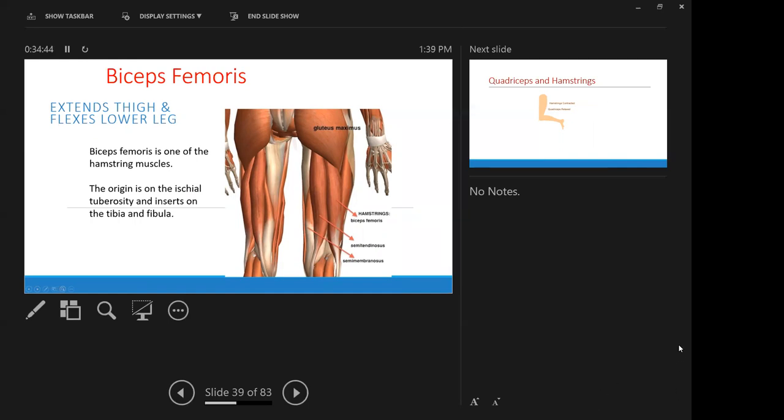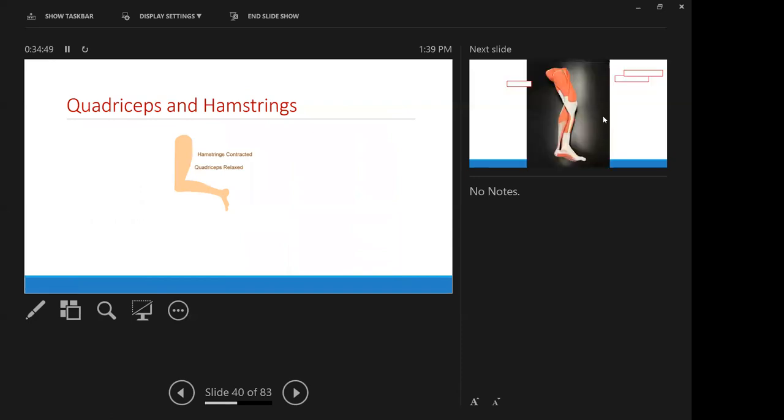Now you can take a look at this. If the hamstrings are relaxed, the quads are contracted. If the quads are contracted, then the hamstrings are relaxed.